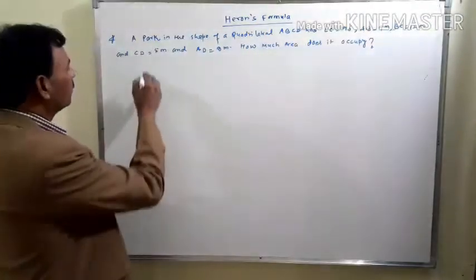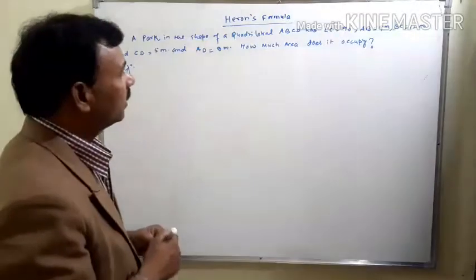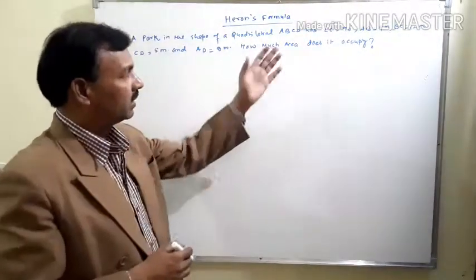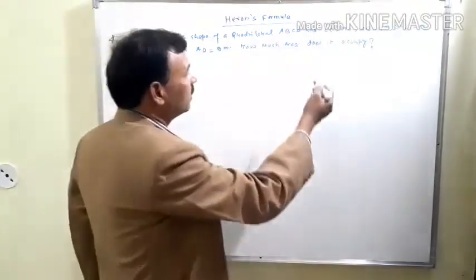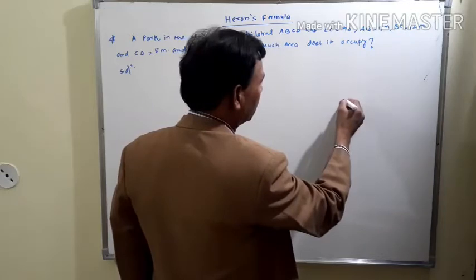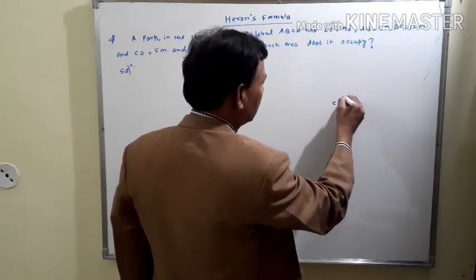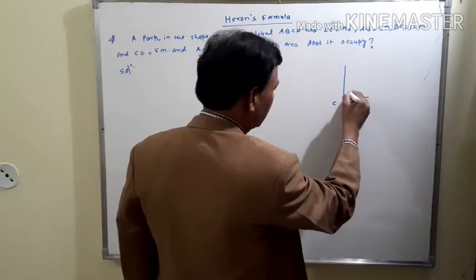Solving this problem, first we should draw the rough diagram of this field quadrilateral. Since angle C is 90 degrees, if this is the C point, this will be 90 degrees. First we should make it 90 degrees.